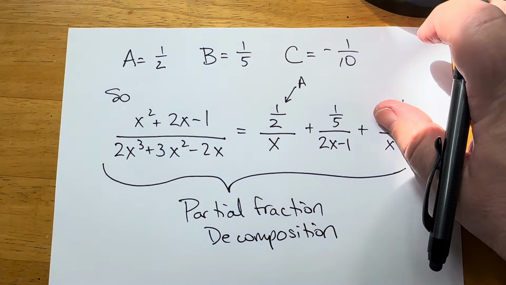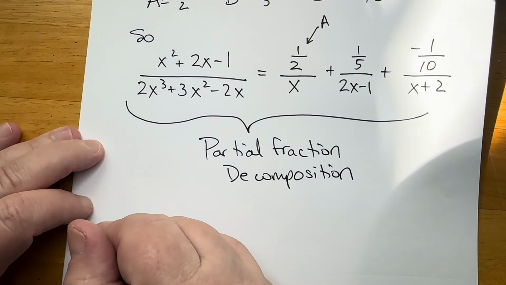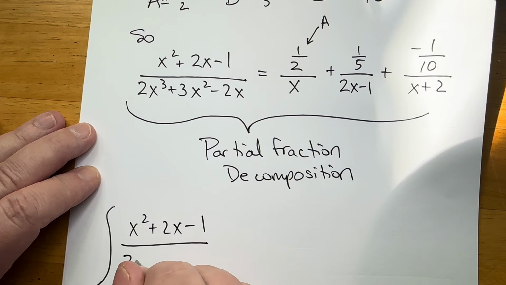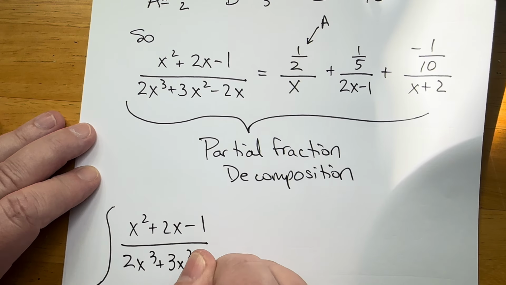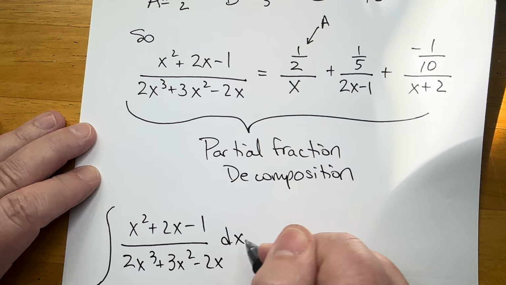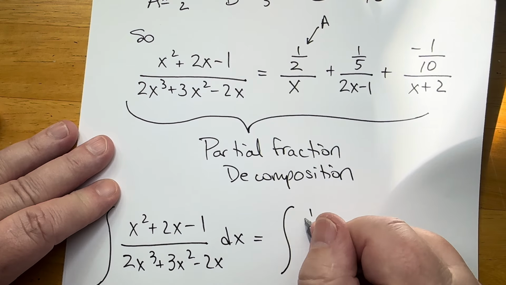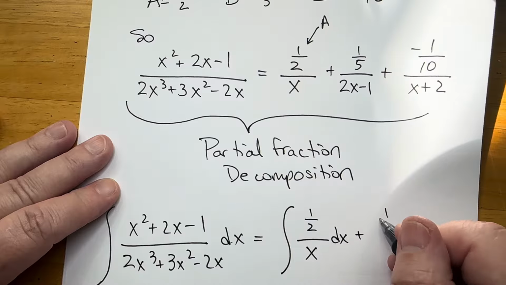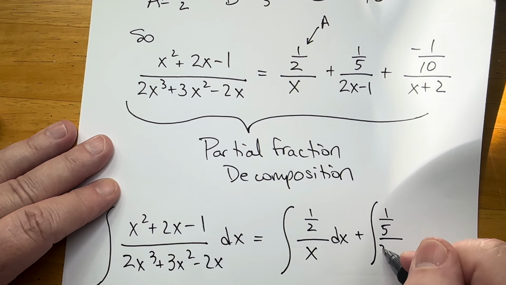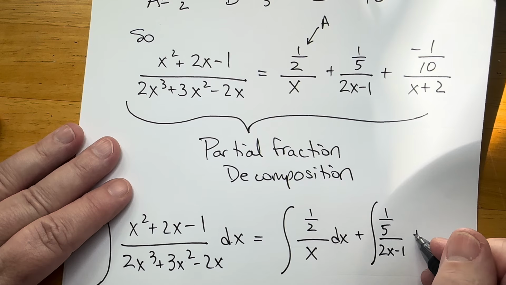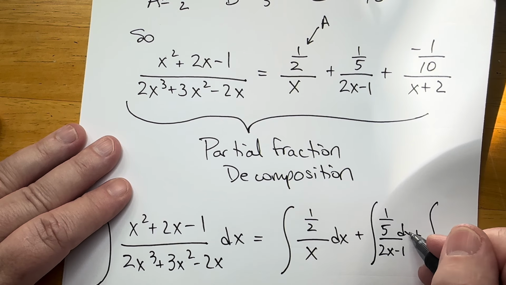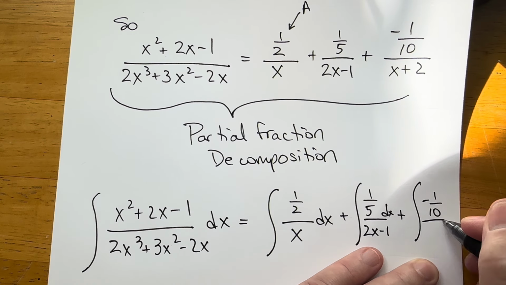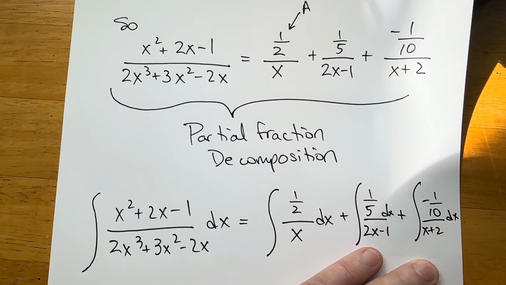Because in order to integrate x squared plus 2x minus 1 all over 2x cubed plus 3x squared minus 2x dx, all we have to do is integrate each of these guys. And I know they look a little awkward right now. We're going to fix that in the next step, dx, trying to get them all squished up. Negative 1/10 all over x plus 2 dx. There we go. Phew.